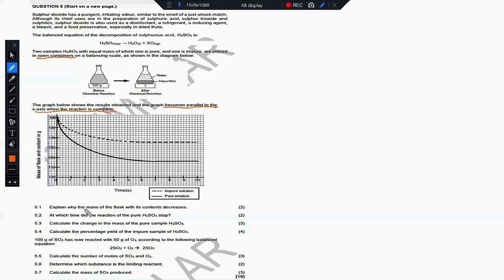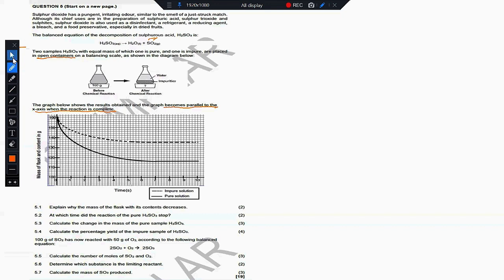And then 5.1 says, explain why the mass of the flask with its content decreases. Now, obviously, because this is an open container, we know that it will allow the gases to escape, right? With an open system, the gases can escape the reaction sample. So that will be our reason, because the SO2 will be able to escape since this is an open system.